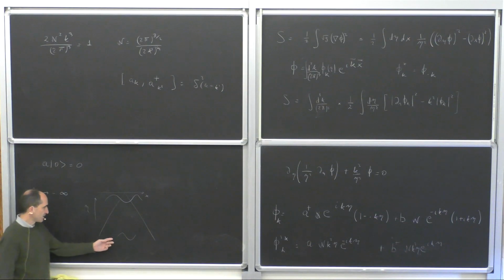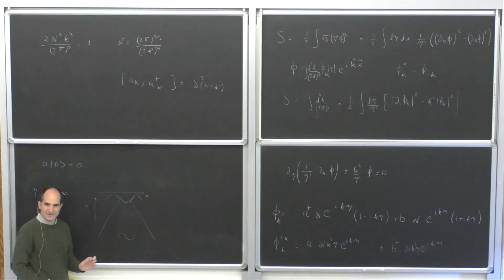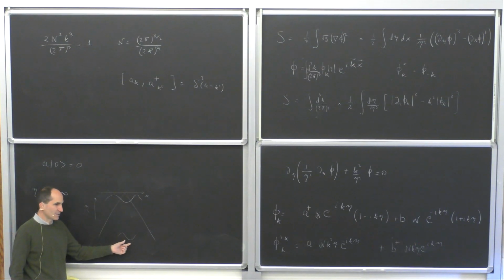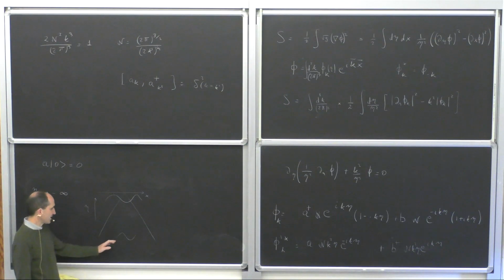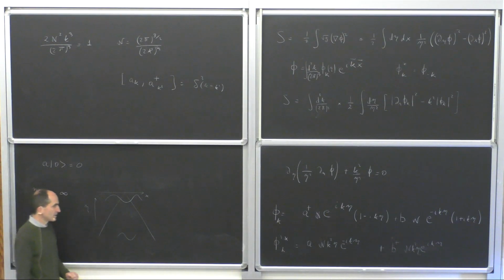So we're talking about a mode with high momentum or very short wavelength in a big space, which from the point of view of that mode at that time is expanding very slowly compared to the wavelength. In that regime, we would expect that the physics should be essentially that of flat space. And indeed, we see that in the solution.